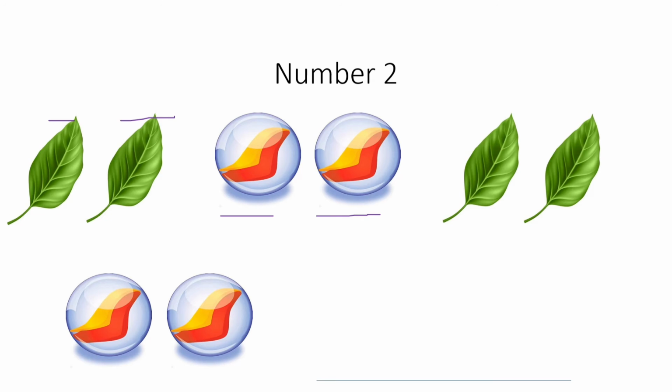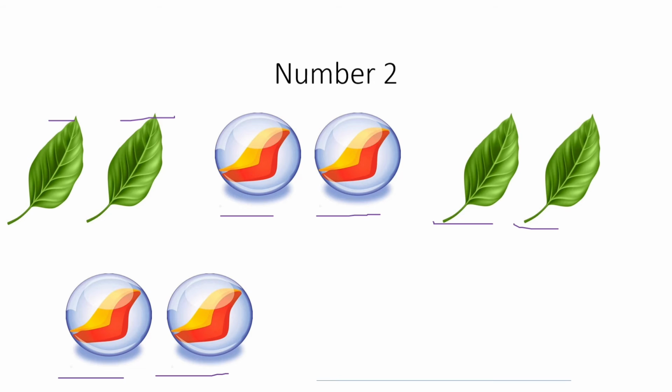After our marbles are our leaves again. After our leaves are our marbles again. Okay, so let's go a little in depth into this pattern. So we have two leaves, and after our leaves we have two marbles. After our two marbles we have two leaves again, and after our two leaves we have two marbles.